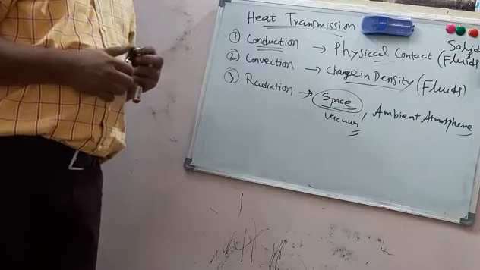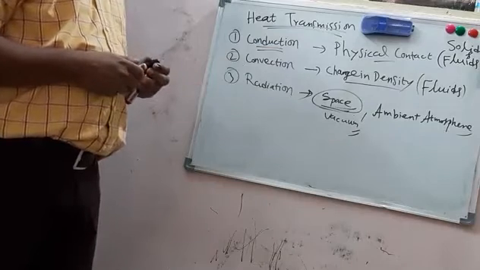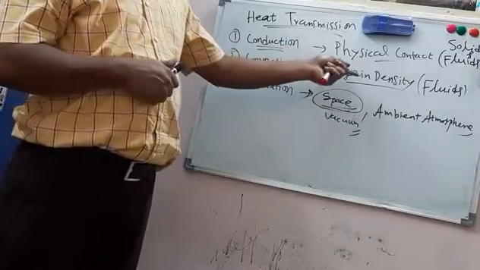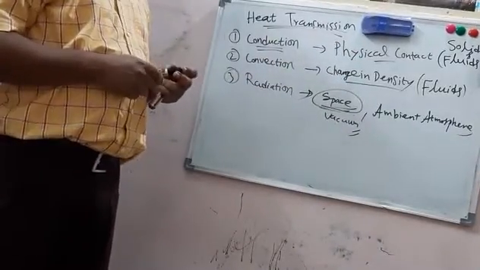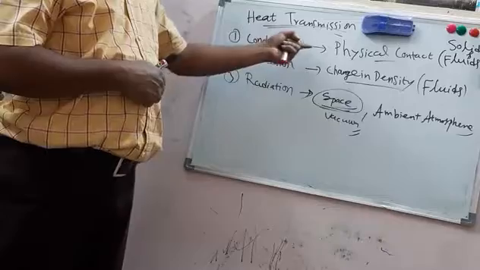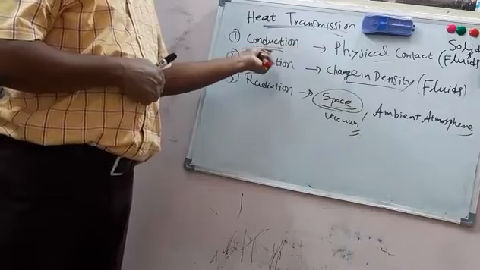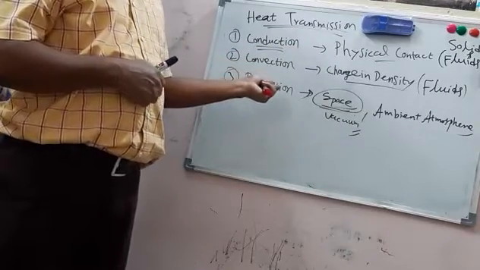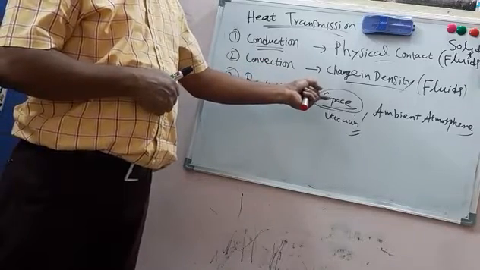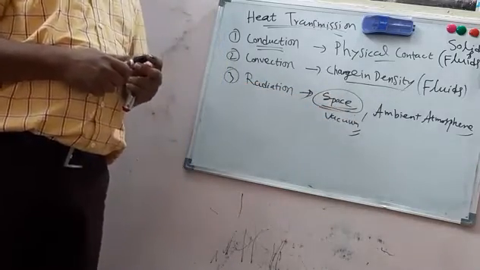So these are the three modes of heat transmission. For conduction, physical contact is mandatory. For convection, there is a change in density in fluids. And radiation can take place in the absence of physical contact and convection current. It takes place through space, through a vacuum, and also through the ambient atmosphere.